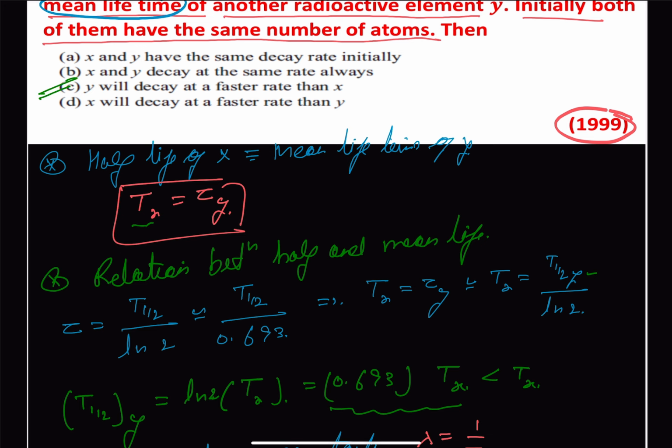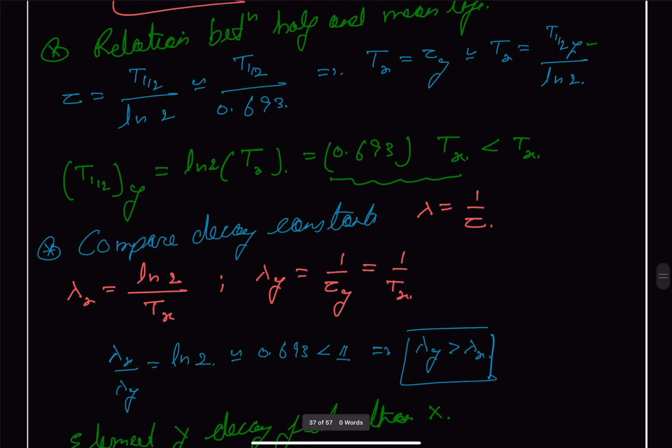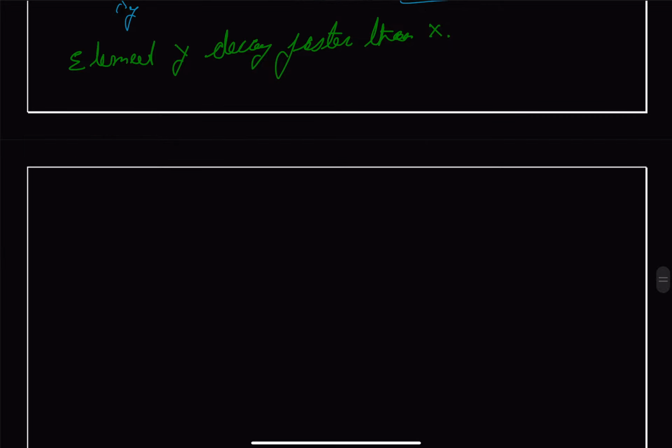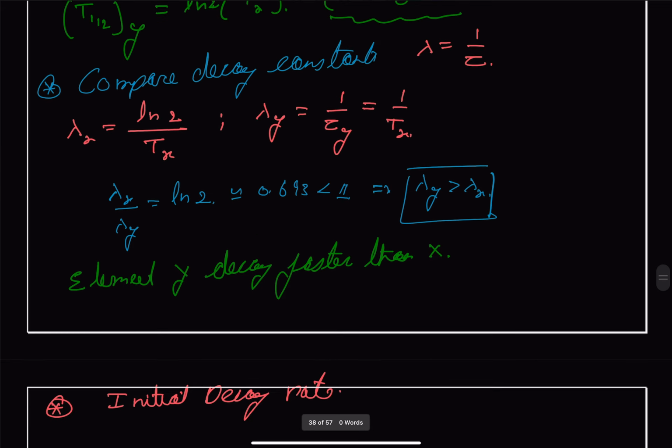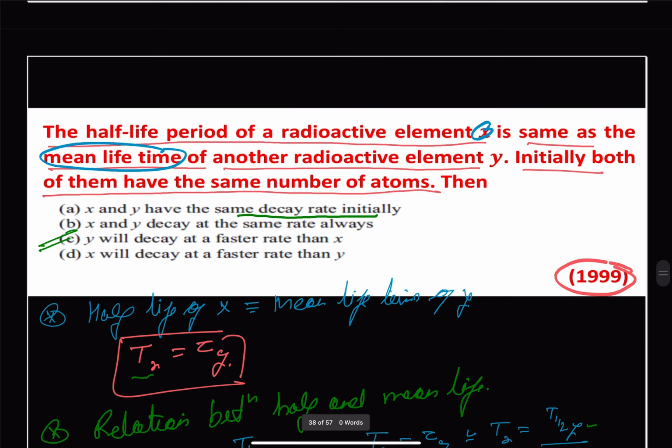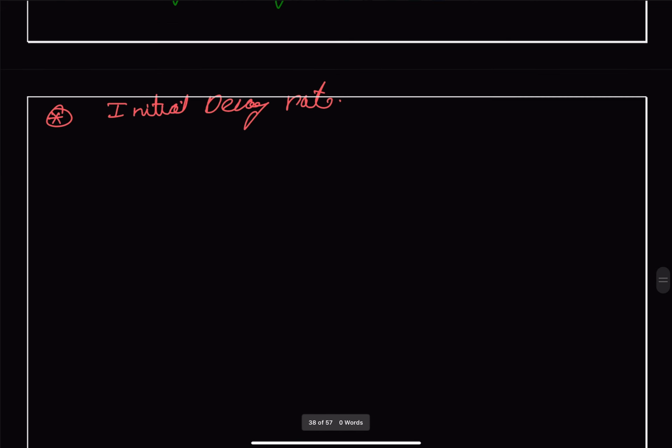And in terms of initial decay rate, because option A is in terms of initial decay rate, we can also find that out. Initially it is said that both have the same number of atoms. Initially they are at the same quantity.